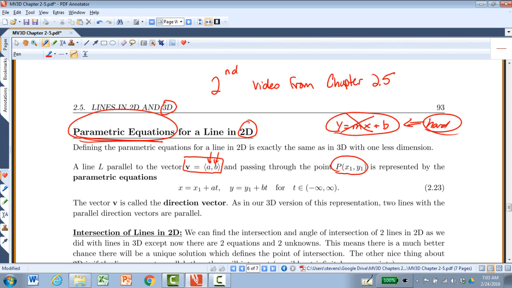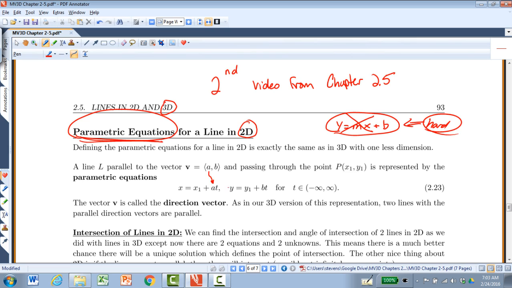And so once you have this direction vector and this point, you create the parametric equations, one for x, one for y, and you let t go from negative infinity to infinity. That basically creates the entire line as opposed to just a line segment, but we'll get to line segments in just a minute. Okay, so the important thing to notice about these parametric equations is that the direction vector's components get placed in front of the t.